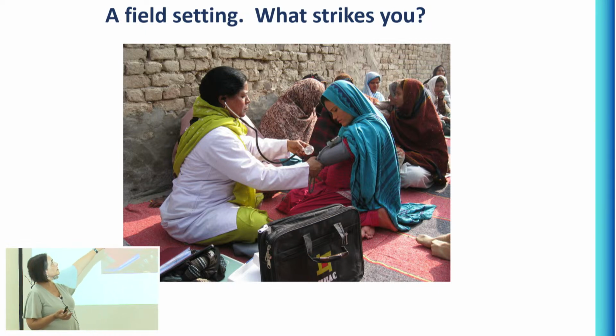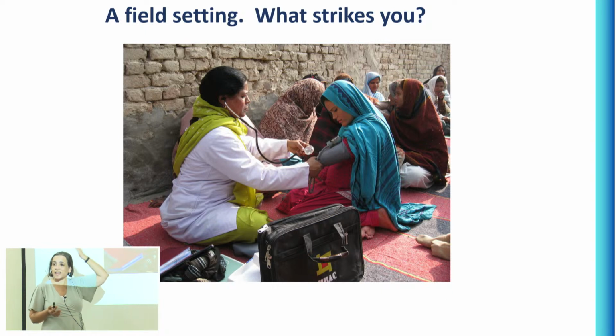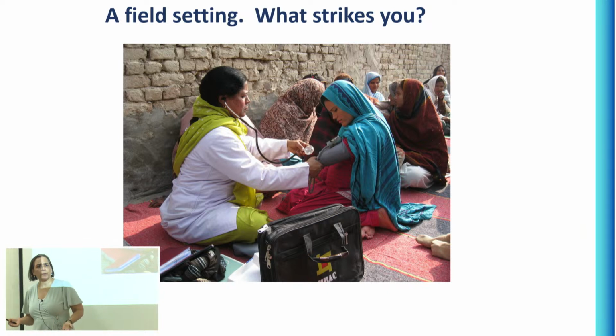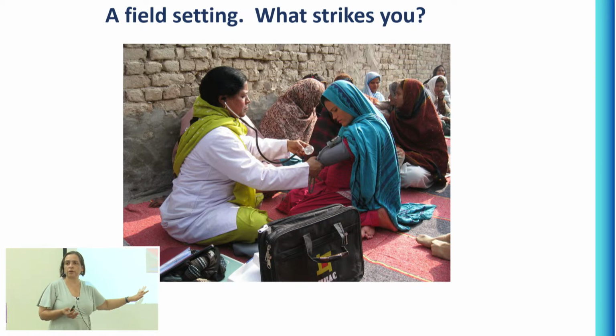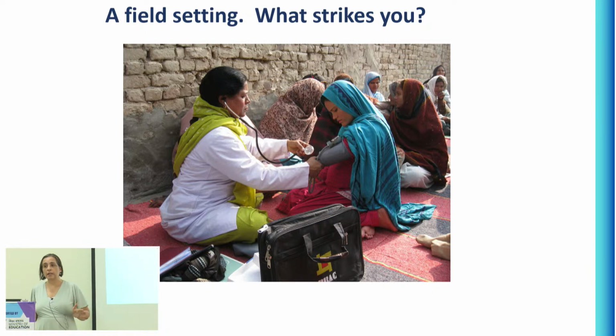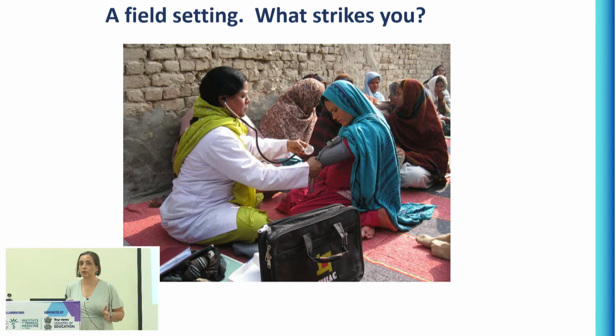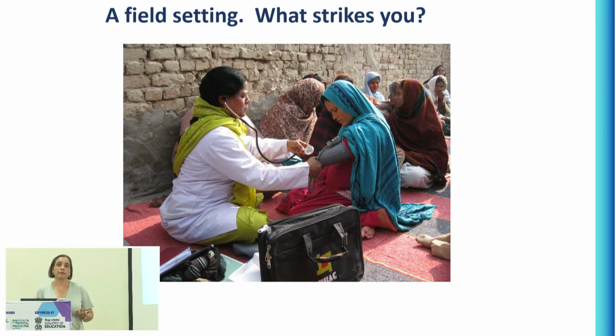They thought it was interesting that this lady is the only one who doesn't have her head covered. But they also interpreted that we were probably in a Muslim society, that there was some medical procedure going on, and I had to really push back and say, just tell me what you see, as opposed to what you observe, okay? So seeing is being able to describe things in a neutral way.